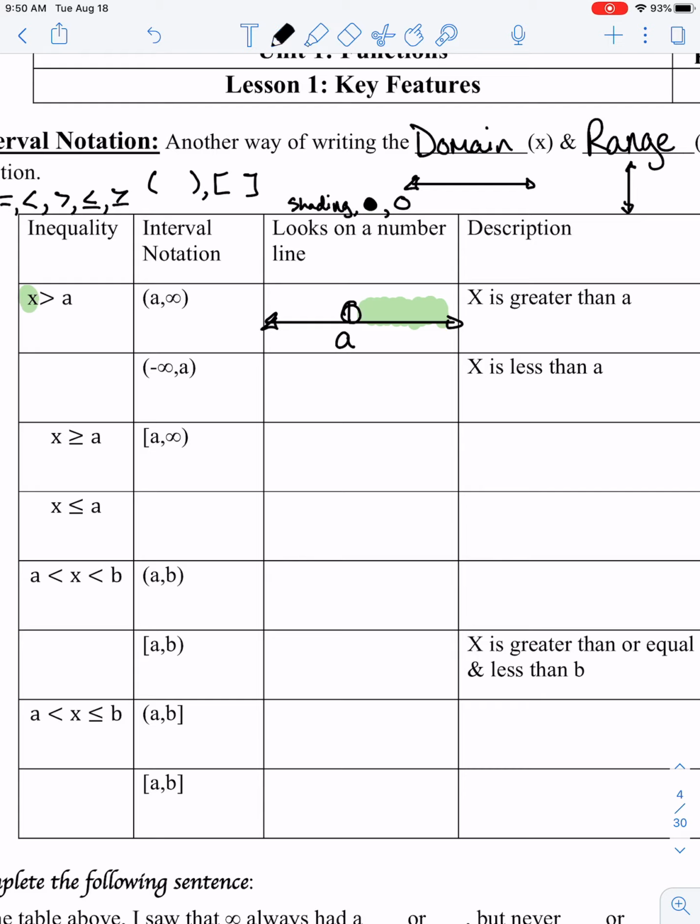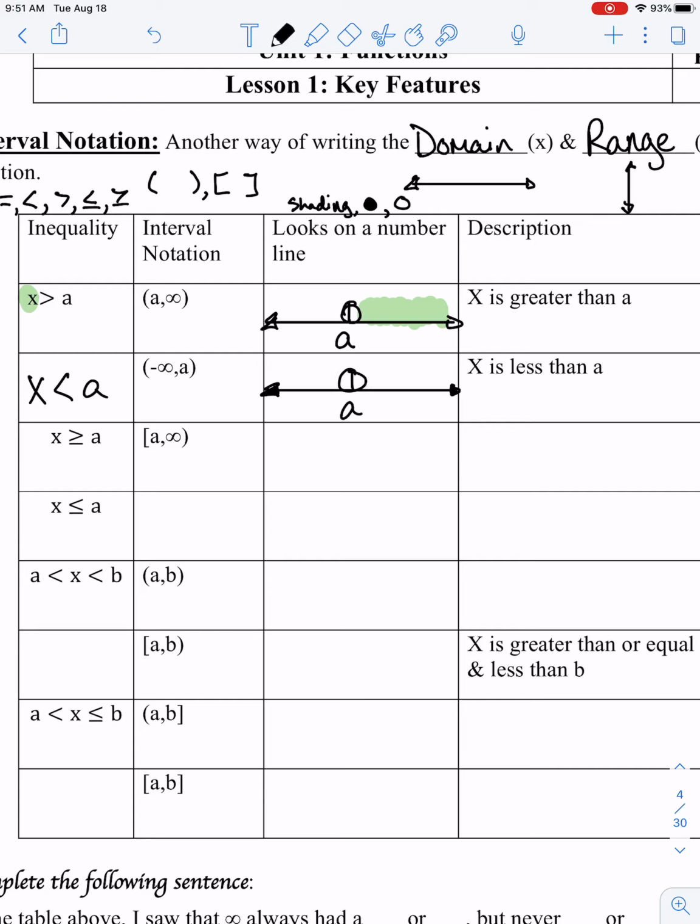Now, the next one, x is less than a. So this time I give you the verbal description, and I want us to fill in the inequality as well as the number line. So again, I have a number line, I have x's, so I'm going to draw a horizontal number line.